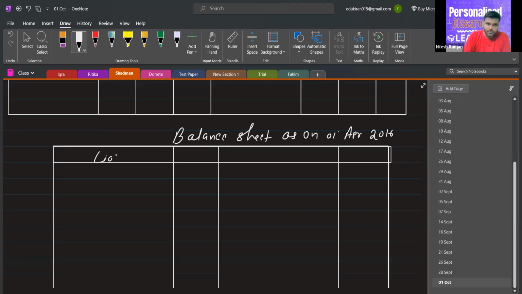First is liabilities, then amount, then assets, and then amount.